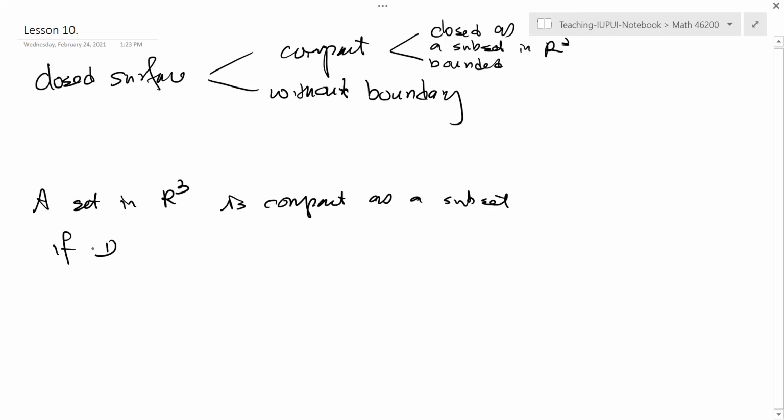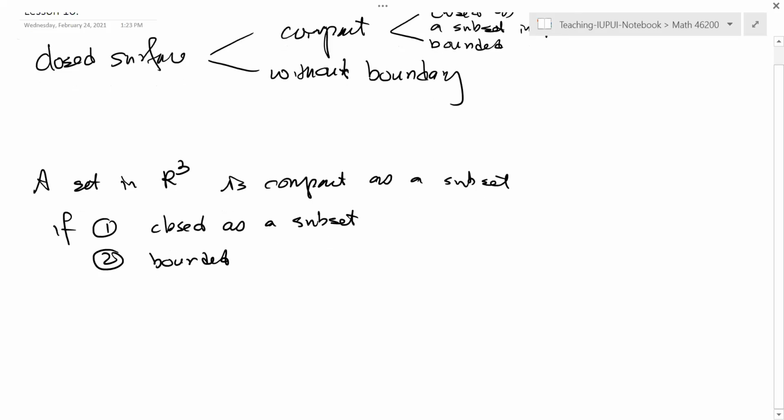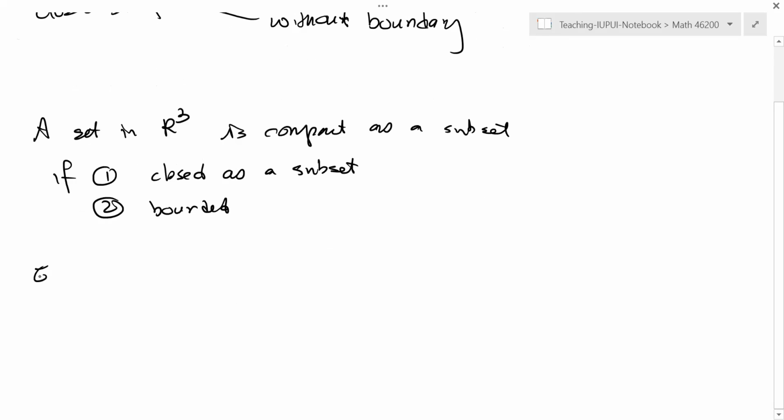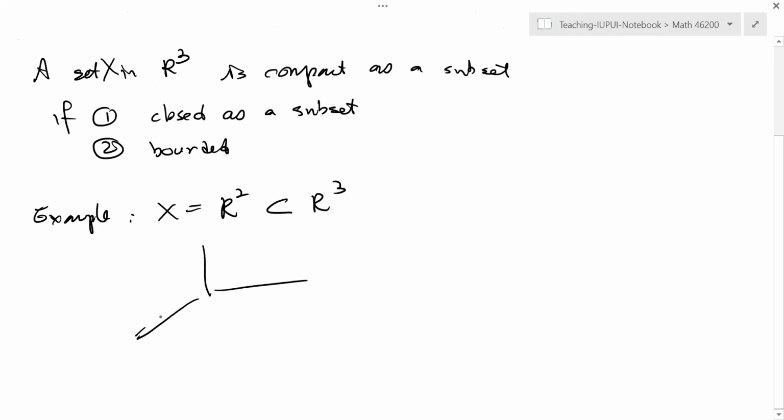If it is closed as a subset, and second, bounded. Now, closed is not enough as a subset. Here's an example. For example, X is R2 embedded in R3, with coordinates X, Y, Z. So this is a plane, and this is X. It's closed.